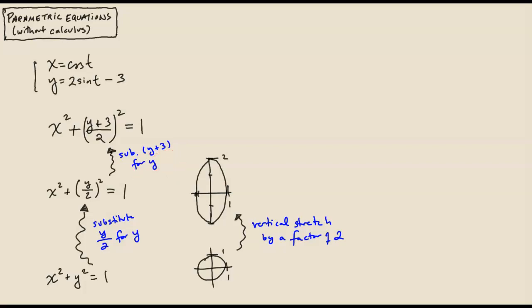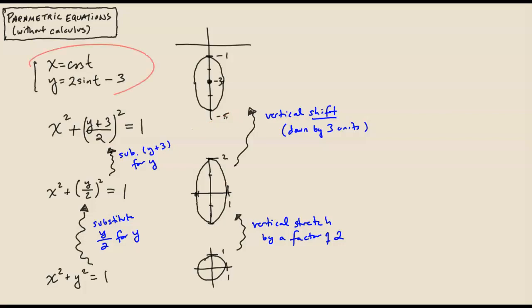It's going to be a vertical shift down by 3 units, because any coordinate pair that satisfied this equation, any pair x, y, isn't going to satisfy this one because of this plus 3 unless you first subtract 3 away from its y coordinate. If you do that to every point that satisfies this, in other words, every point on this ellipse, it is going to pull the ellipse down by 3 units so that it looks like this.